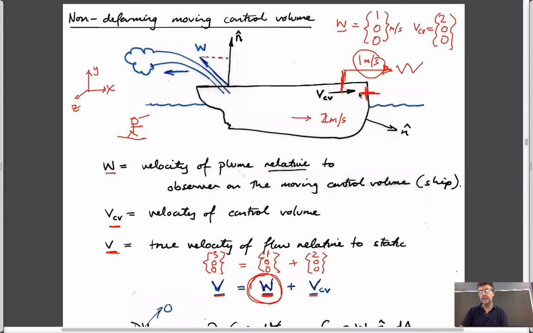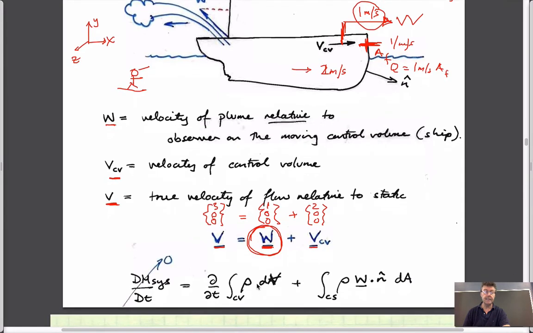If we're squirting things out of the front of the boat at 1 meter a second, and we know the area, then the flow rate would be equal to 1 meter a second times the area of the flow. Just common sense. That's the only kind of mental gymnastics we have to do.